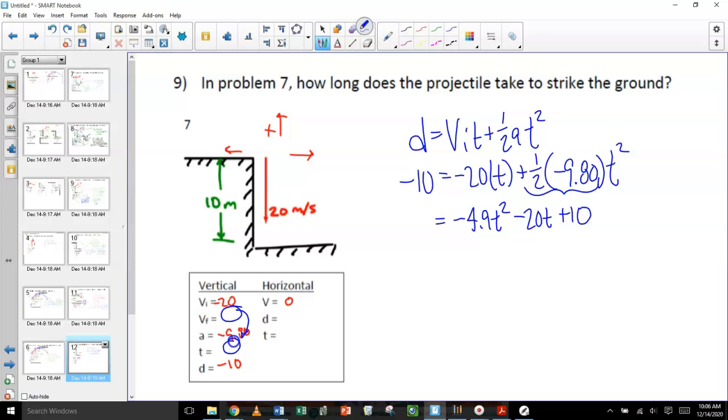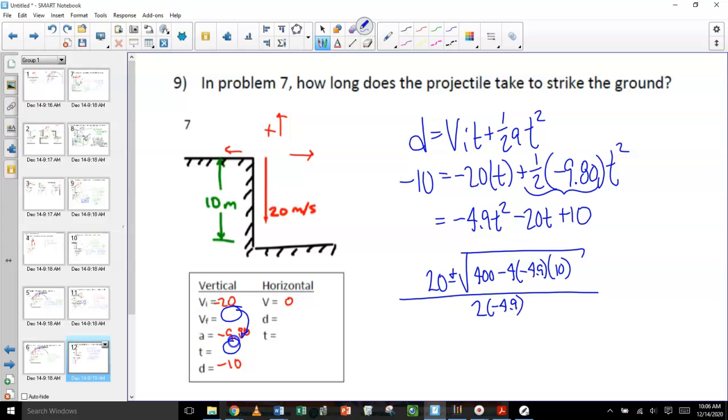So negative b plus or minus the square root of b squared minus 4 times a times c, all over 2a. You do that and you end up with 0.45 seconds. It's not in the air for very long. It's hitting the ground right now.